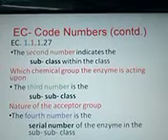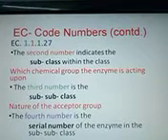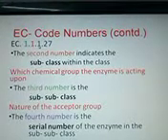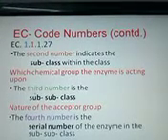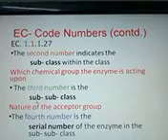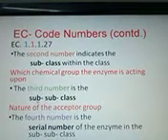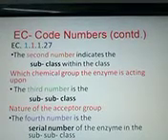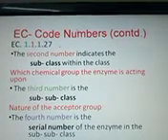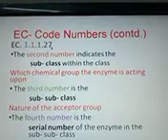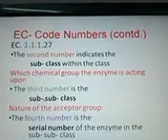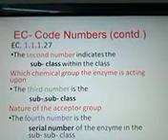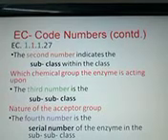Then the third number, this green colored number, is the sub-subclass. It usually refers to the nature of the acceptor group. And the fourth number, this 27, is the serial number of the enzyme in the subclass.